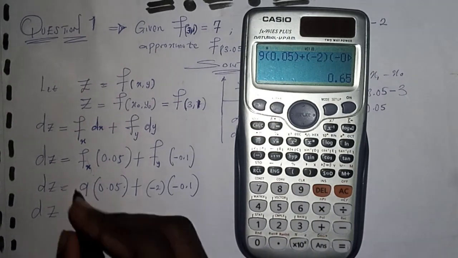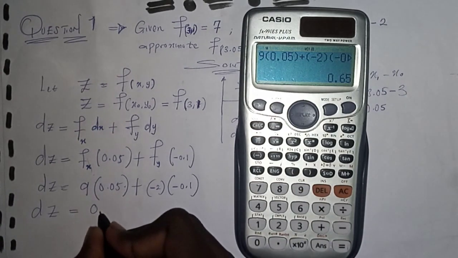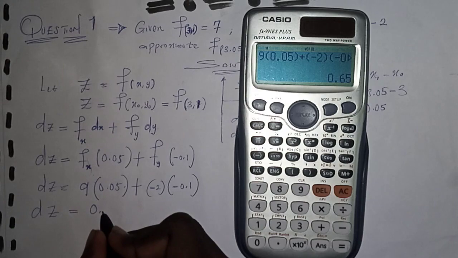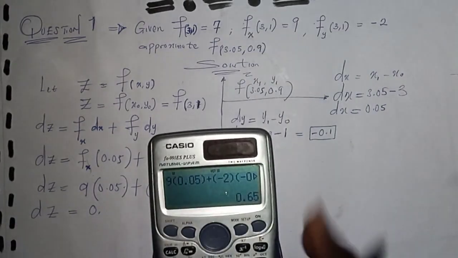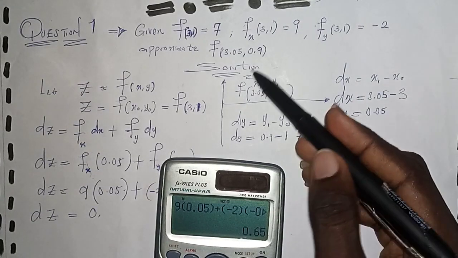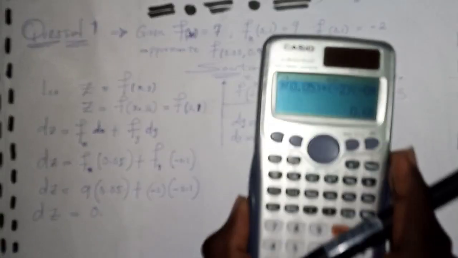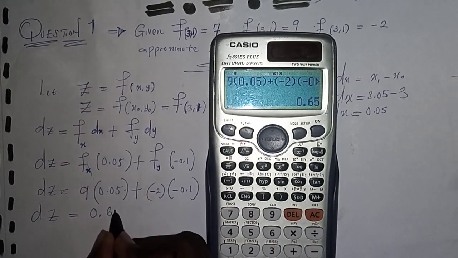So trivially it is clearly seen that the z gives us 0.65. So we have change in y, dy, as 0.9 minus 1, which is actually correct. So we have it as 0.65.